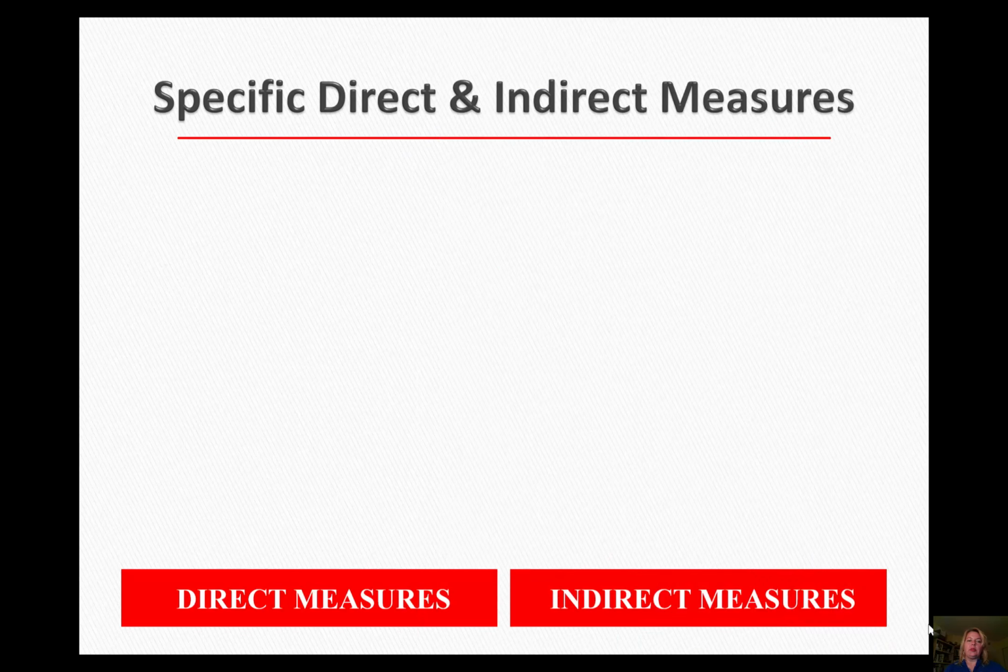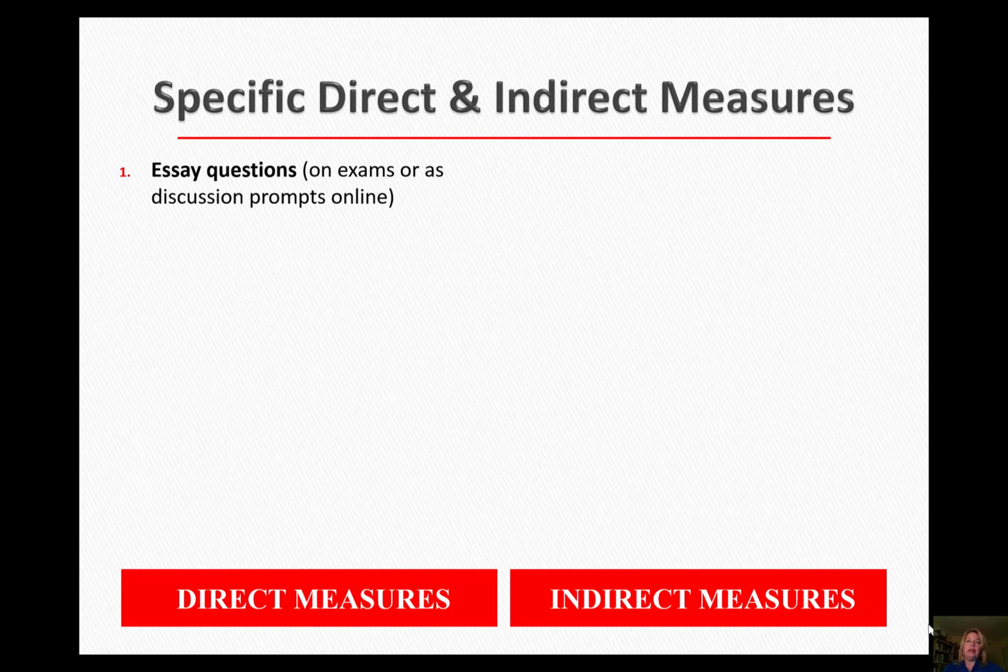So let's talk about some specific direct and indirect measures. Essay questions on exams or as discussion prompts are usually direct measures, especially if you write the question in such a way that it speaks specifically to asking them to discuss how to apply a key term or concept.